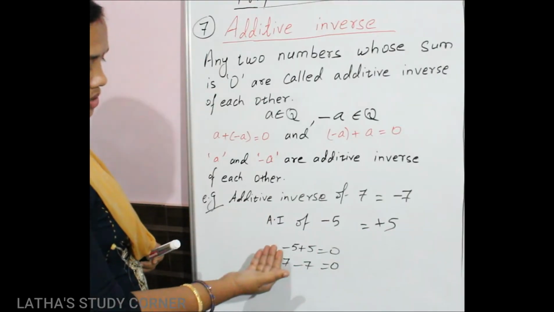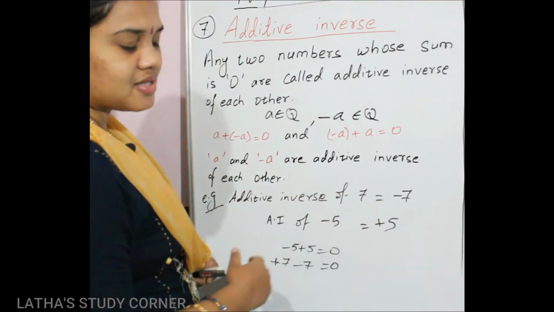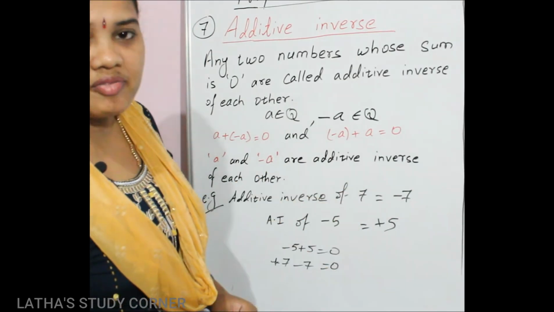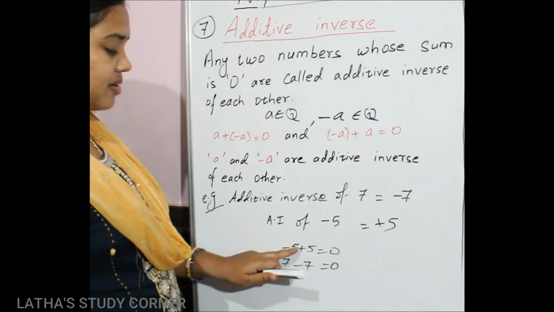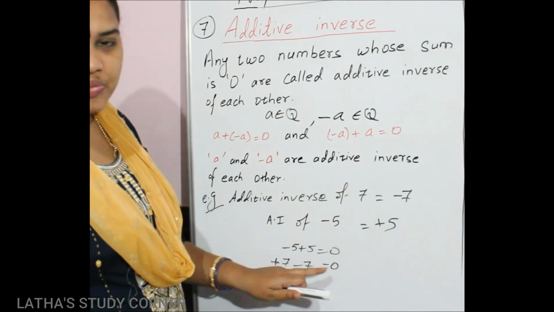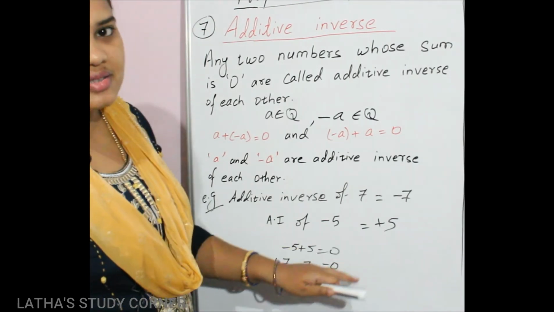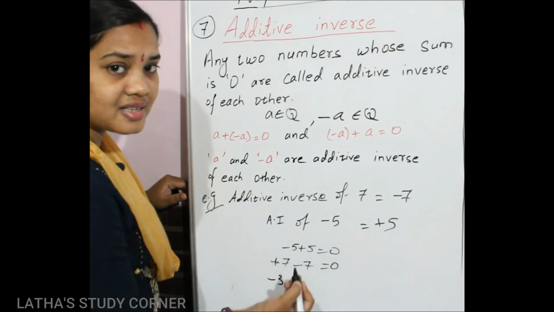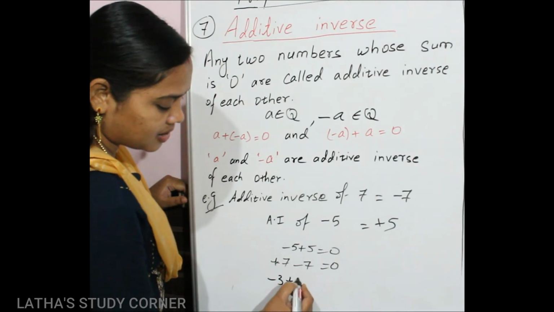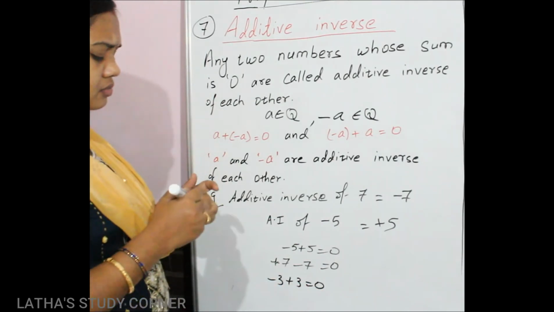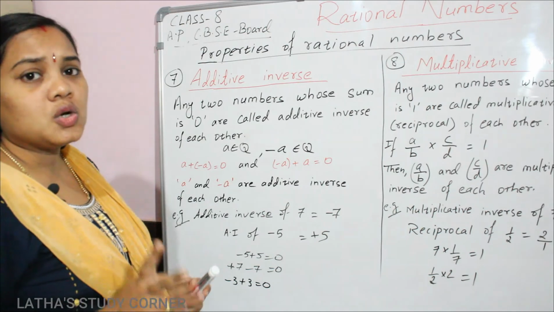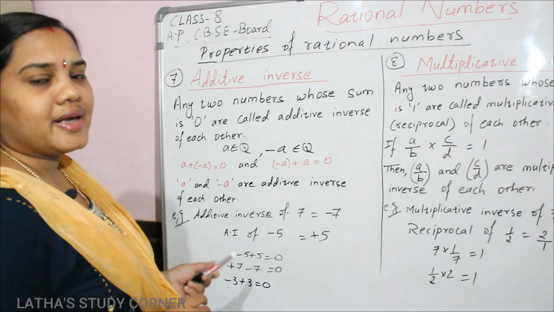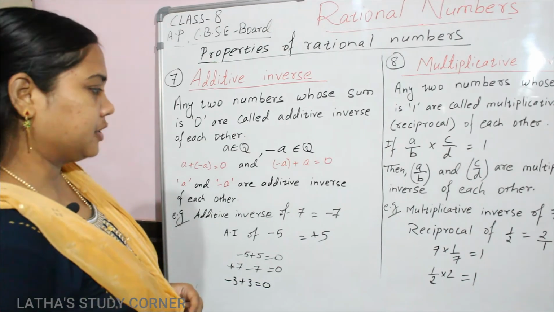Example, the additive inverse of 7 is minus 7. The additive inverse of minus 5 is plus 5. How? Because minus 5 plus 5 is equal to 0. Minus 7 plus 7 is equal to 0. The additive inverse of minus 3 is plus 3, because minus 3 plus 3 is 0. So any two numbers whose sum is 0 are known as additive inverses of each other.